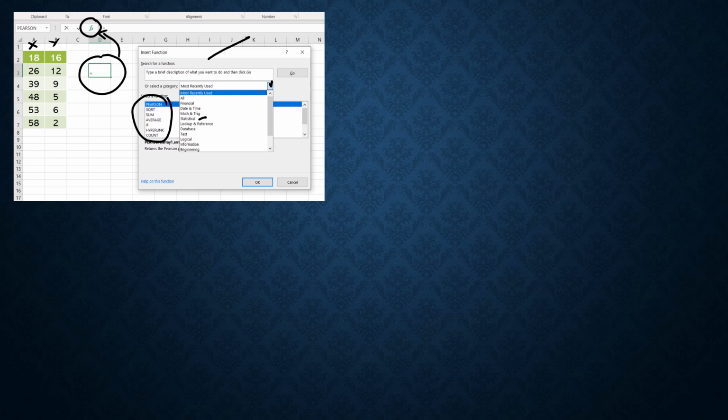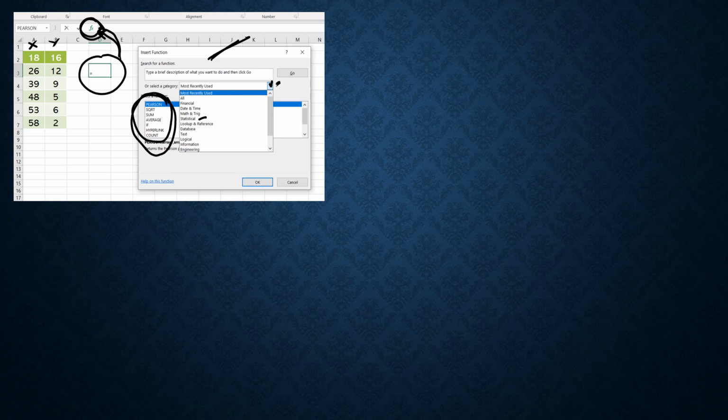Okay, again, I'm going to repeat. Press equals, and then after pressing equals, you're going to press f of x on your Microsoft Excel, and then we will be having this one. And then after that, if there is no word Pearson in this one, you're going to press the below button here.